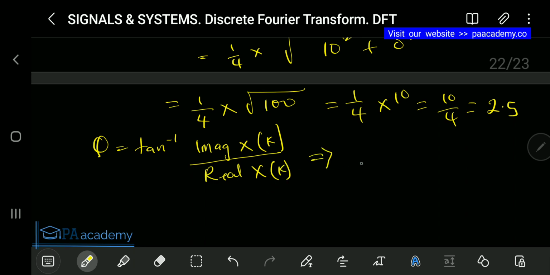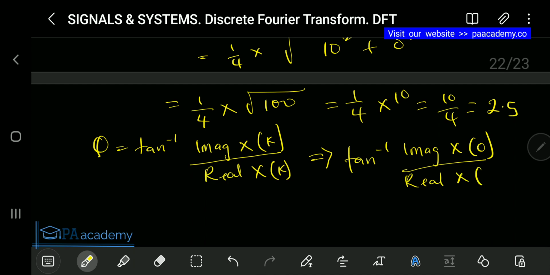That is saying tan inverse of the imaginary part of X of 0 over the real part of X of 0.